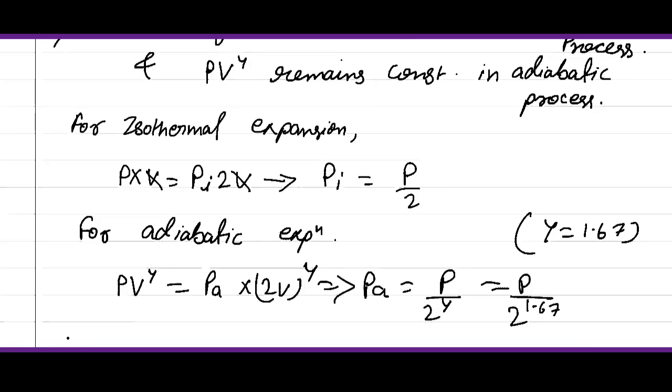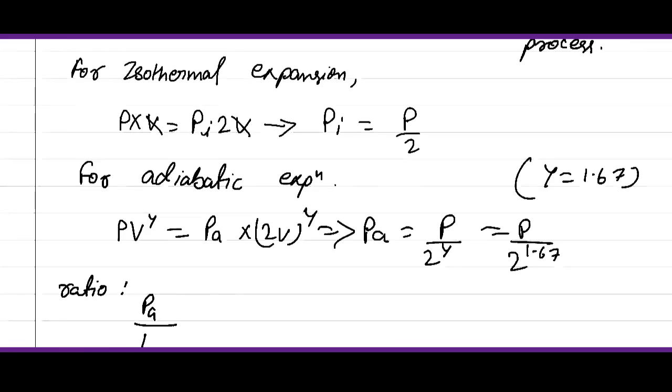So the ratio of Pa upon Pi: Pa is P by 2 to the power 1.67 and Pi is written as P by 2, right?